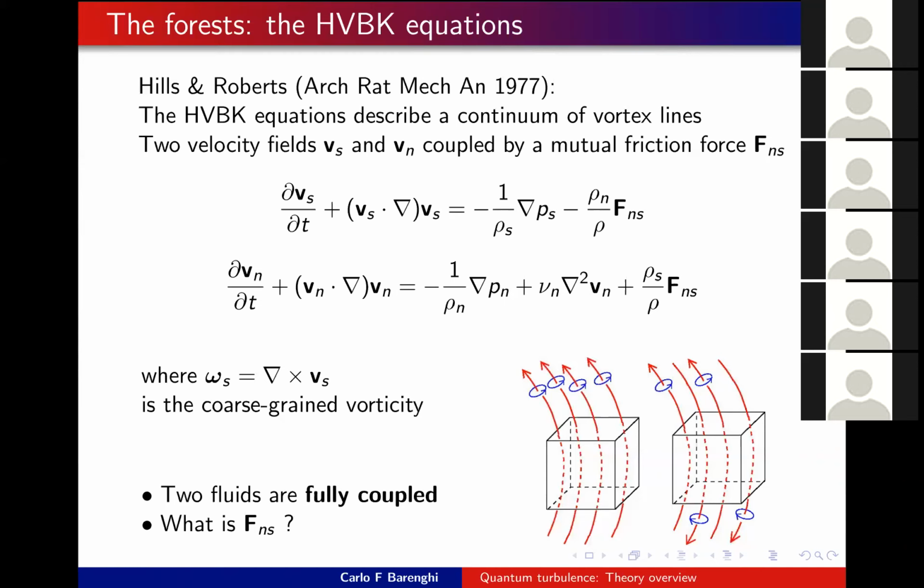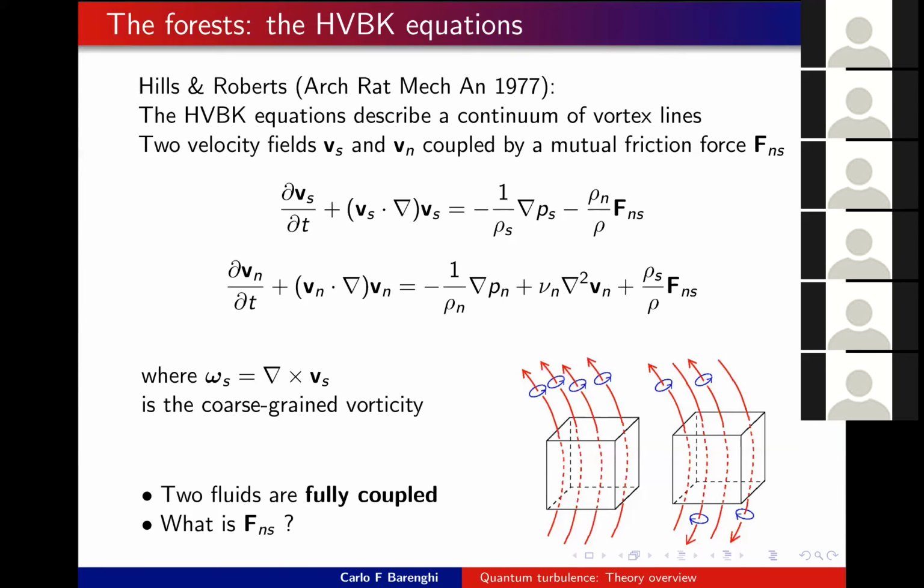And then on the right, there is an extra term, F_ns, which is the famous friction, or better, mutual friction, because it affects both fluids. It is the same force coming onto both fluids. And you see that the friction is parameterized by the density ratios ρn/ρ, the ratio of normal fluid to total density, and ρs/ρ for the other fluid, where ρn and ρs sum up to the total density, which is ρ.